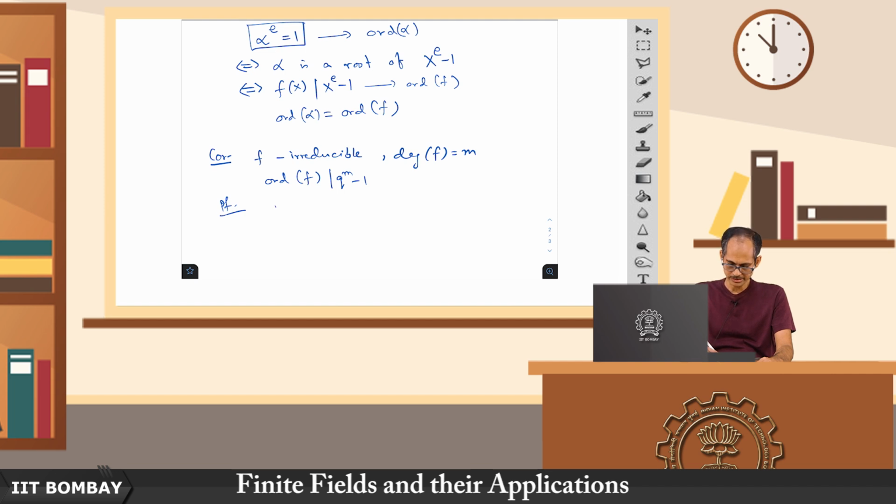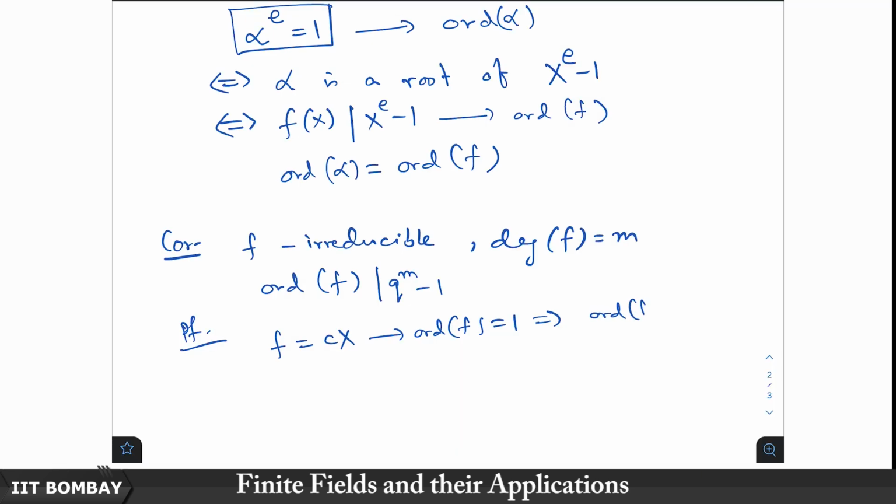Let us consider two cases. Now, we are not saying f of 0 is not equal to 0. So, if f of 0 is 0, it is irreducible, so it can be only of the form c times x, in which case the order is 1, which means it divides q power m minus 1 anyway.